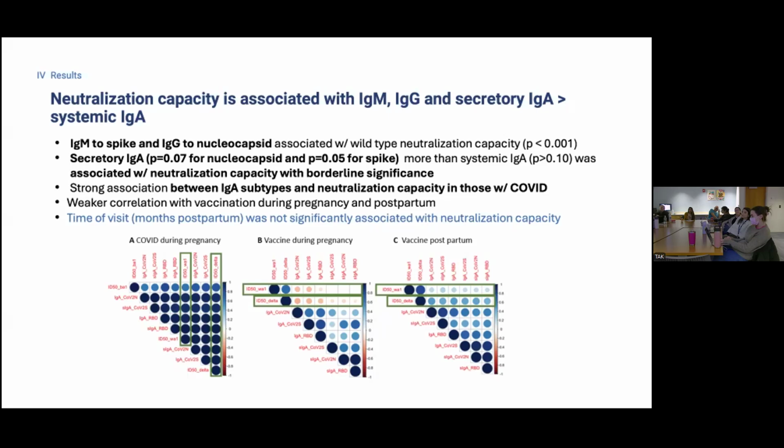And the darker blue means there's a stronger association with that specific antibody type. And so here we see that there's darker blue for the IgAs. So we know that there's a strong association between the IgA subtypes and the neutralization capacity for the COVID exposed pregnancies. But here there's lighter blue, meaning there's a weaker association with the IgA subtypes.